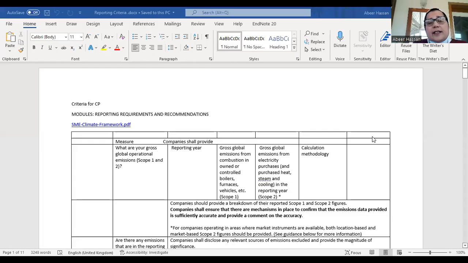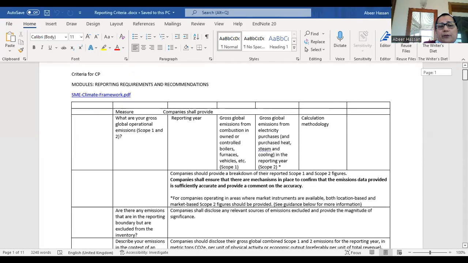Before I move on, I will stop sharing here and share again because I want to show you the reporting criteria. I summarized them in a Word file, which will be with you as material.